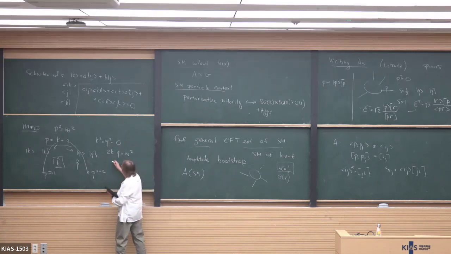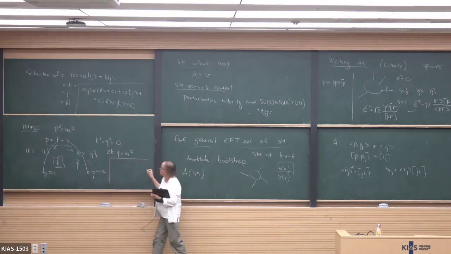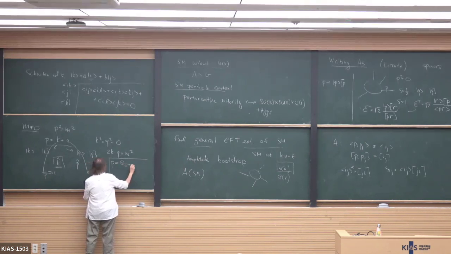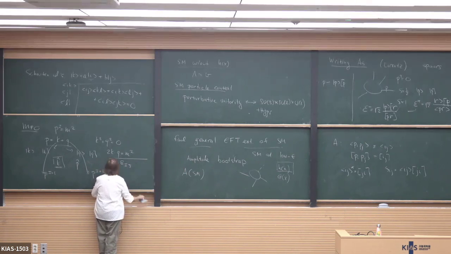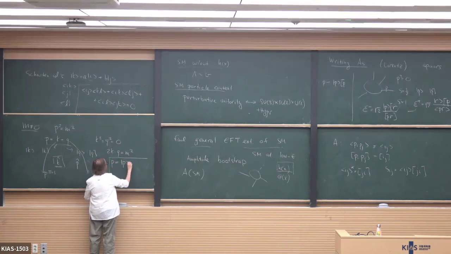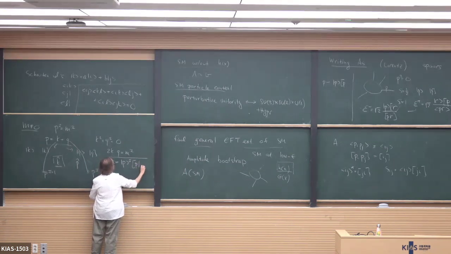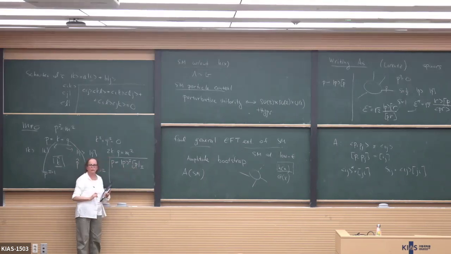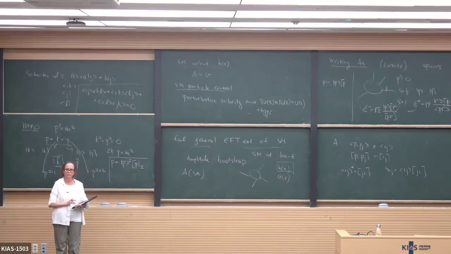So now, using the results that we had before for the massless spinors, I can write P as a sum over I equals 1 and 2. Okay, any questions?